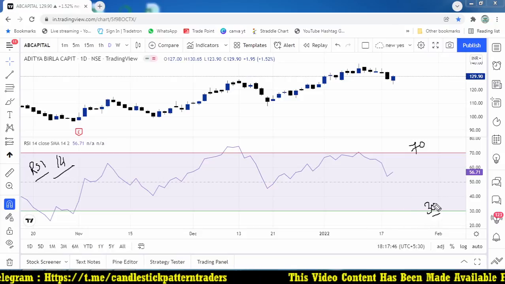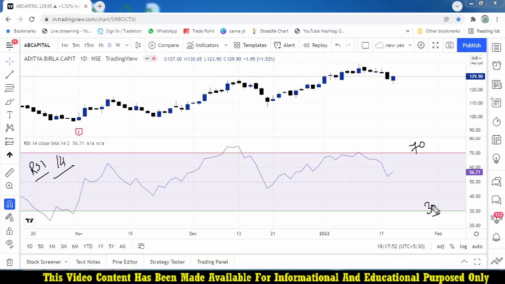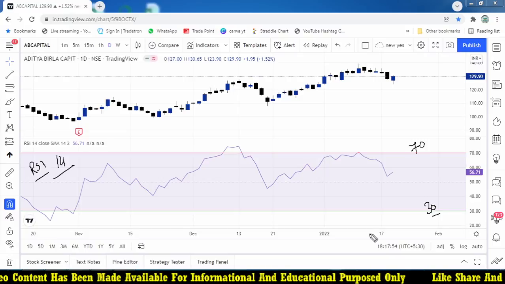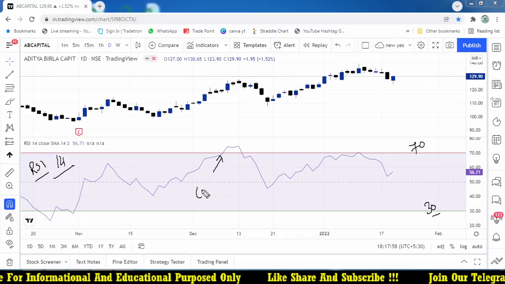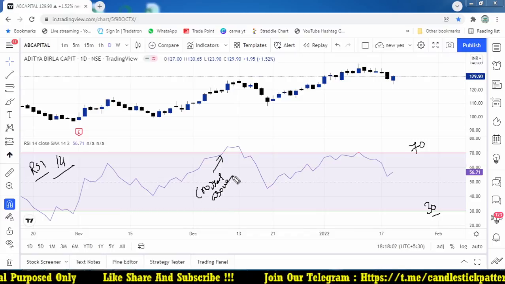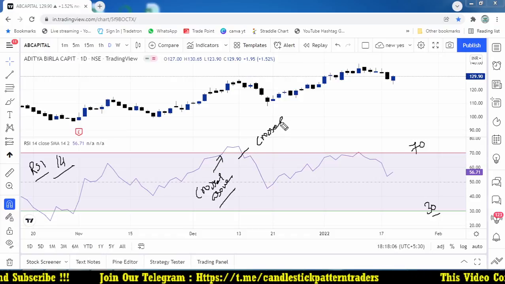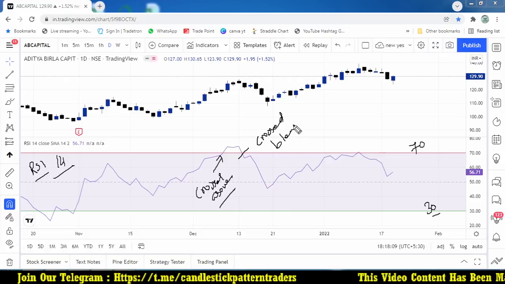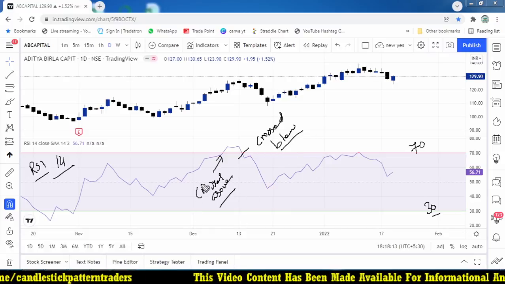What we are going to use in this method is when the RSI crossed below 70, this point is crossed above, and this point is crossed below. These are the conditions we mention in our Chartink indicator, so that is why I use this name.